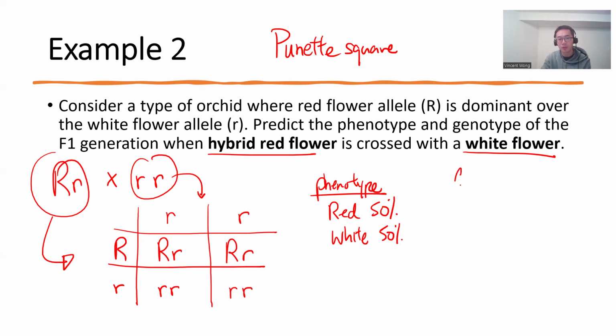And in terms of the genotype, big R, small r, 50%. Small r, small r, 50%. Questions?